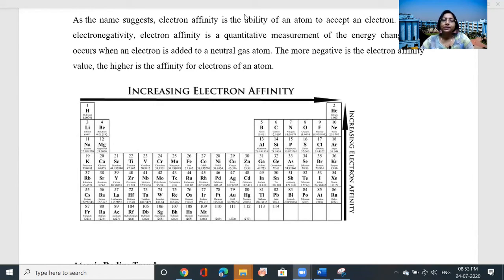How can you tell? When we move from bottom to top, the electron affinity will increase. So it is lowest for iodine, then bromine, chlorine, and it is highest for fluorine.